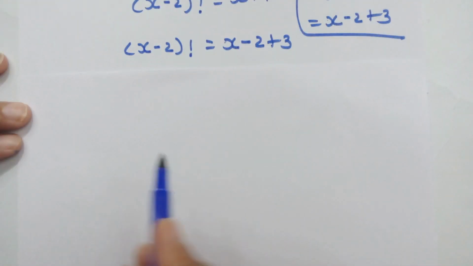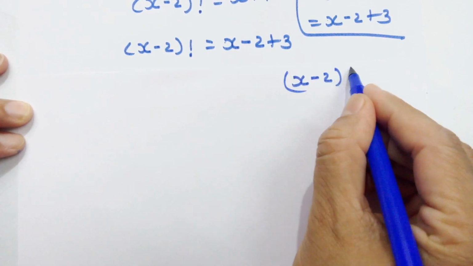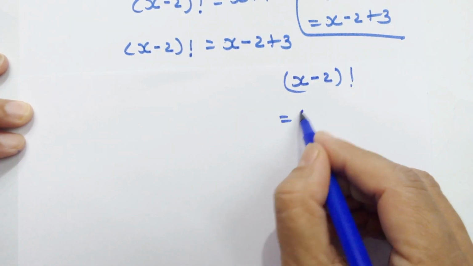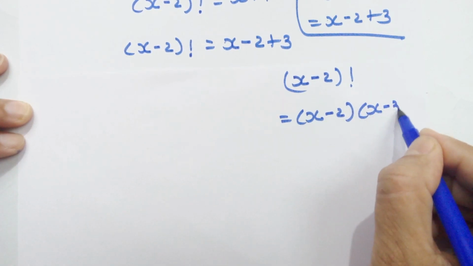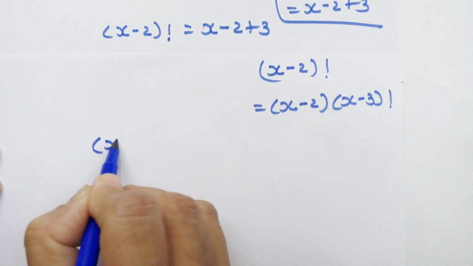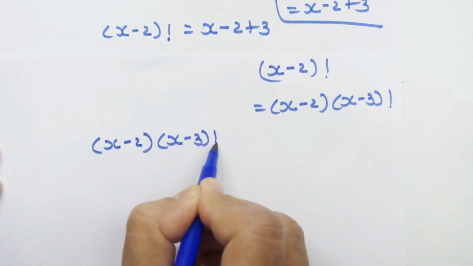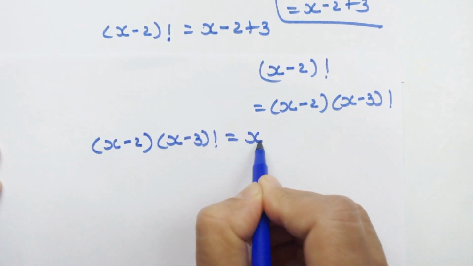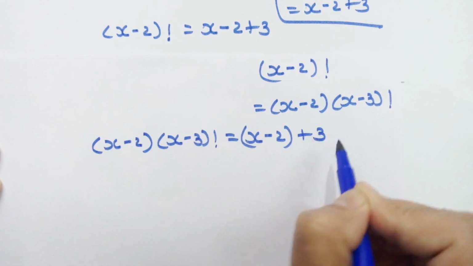Okay, now x minus 2 factorial is equal to, we can also write like this, x minus 2 into x minus 3 factorial. Okay, so let's do it. x minus 2 into x minus 3 factorial is equal to x minus 2, we put bracket here, plus 3.